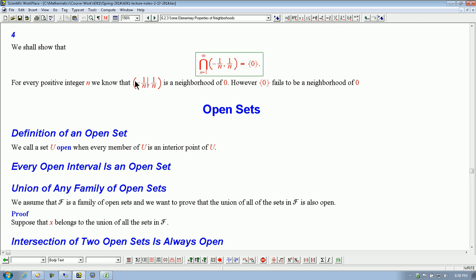This open interval starts at a negative number. Minus 1 over n is negative, it's less than 0. And 1 over n is positive, is it not? This interval from minus 1 over n to plus 1 over n is a neighborhood of 0. A neighborhood of 0 for every positive integer n.